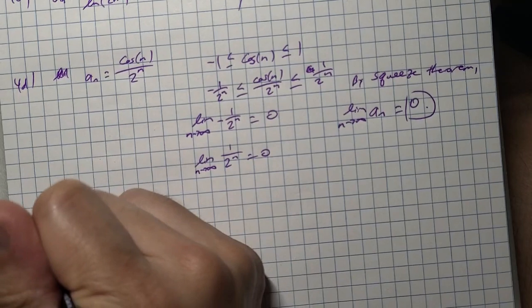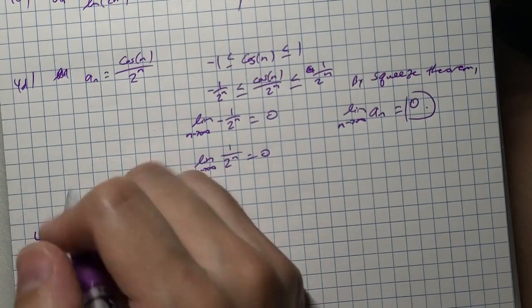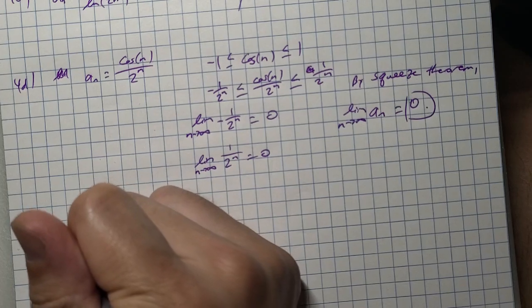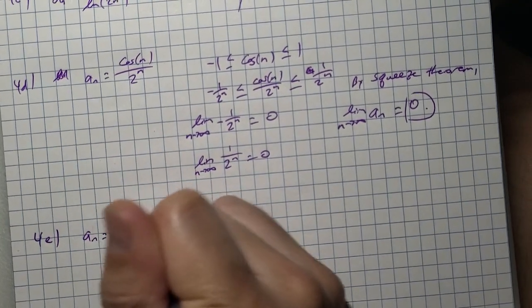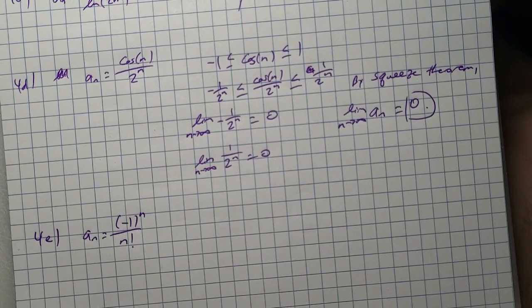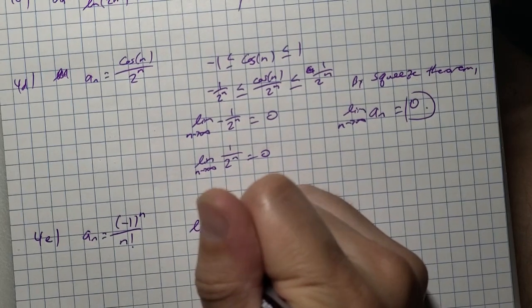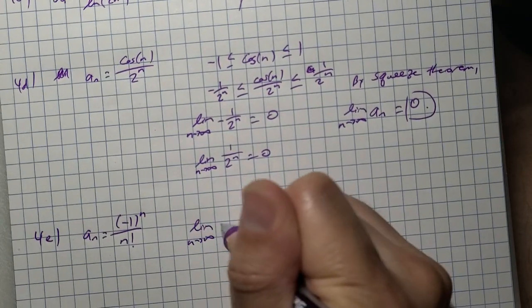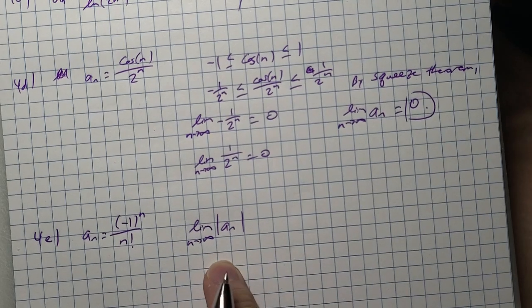And the last problem, for E. This is very quick. It's only 20 minutes so far. a sub n is minus 1 to the n over n factorial. Remember, we can do limit as n goes to infinity of absolute value of a sub n. If this guy converges to 0, then without absolute value it also converges.